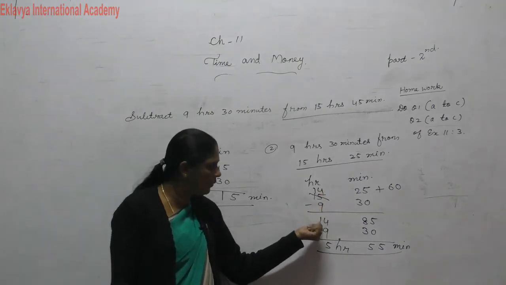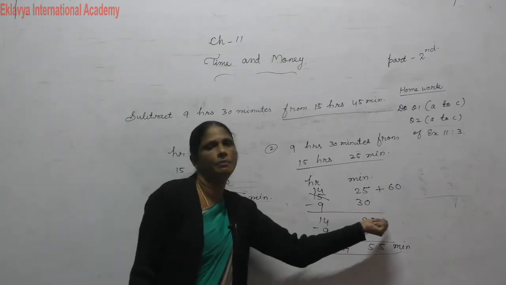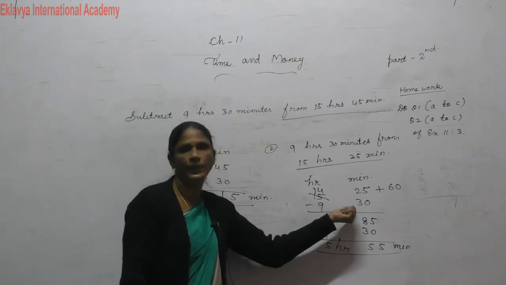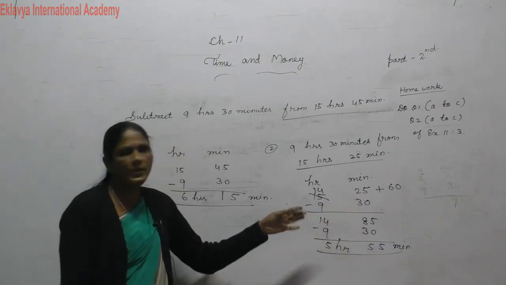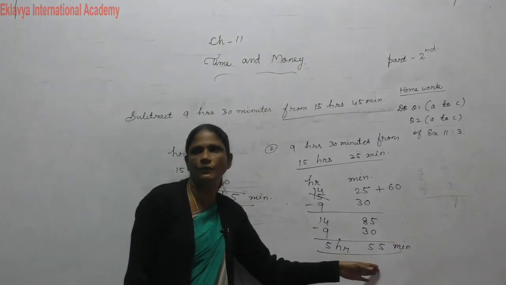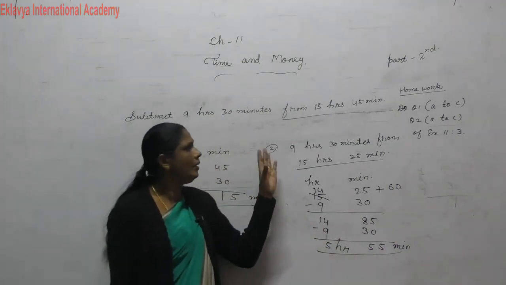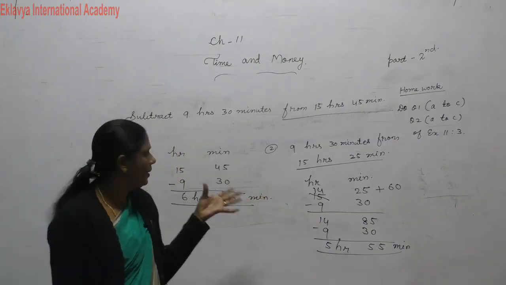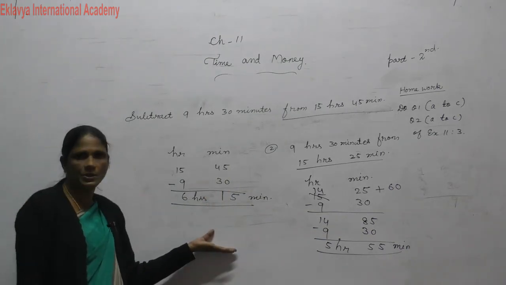We get our new number, 14 hours 85 minutes. Then there is no change in the second number, 9 hours and 30 minutes. Now we subtract, and our answer comes 5 hours 55 minutes. Then this is the subtraction of time. You understand? Then the difference between both questions is this.